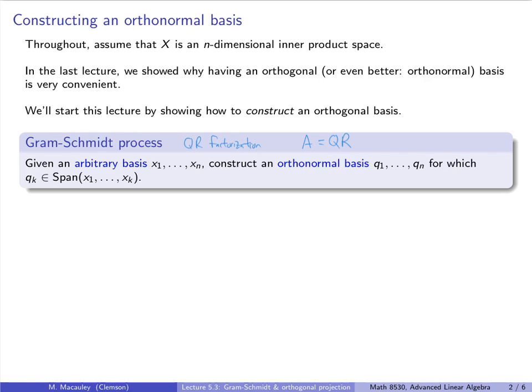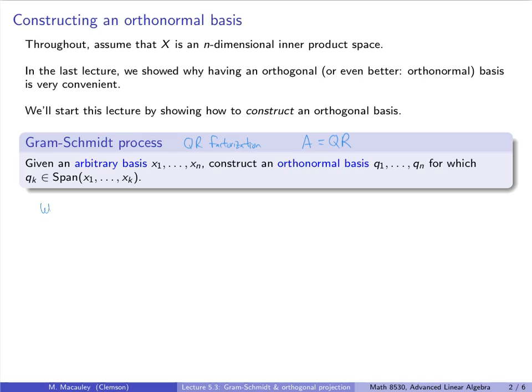Now let's see how this Gram-Schmidt process works. To begin, let's take x1, and q1's easy, just normalize that. I'm going to add a short intermediate step, and you'll see why in a bit.